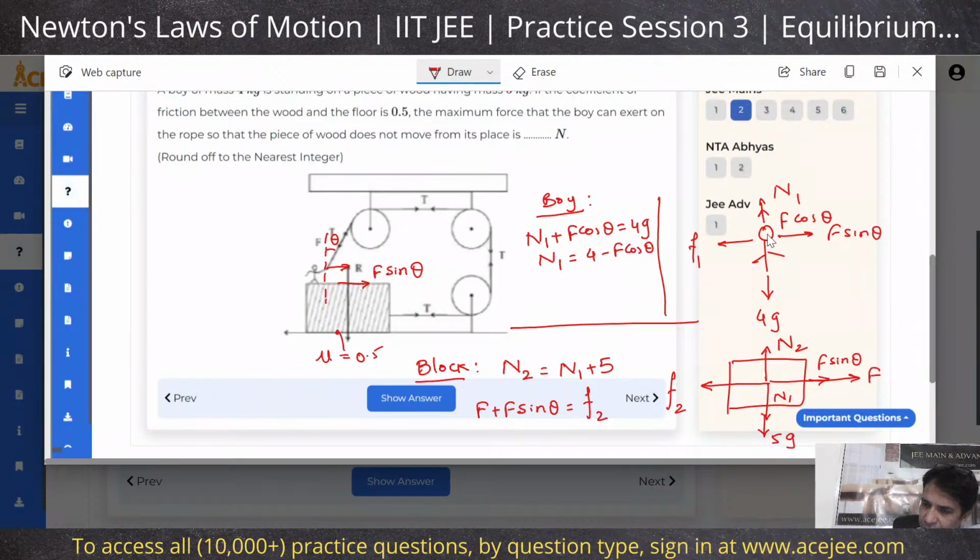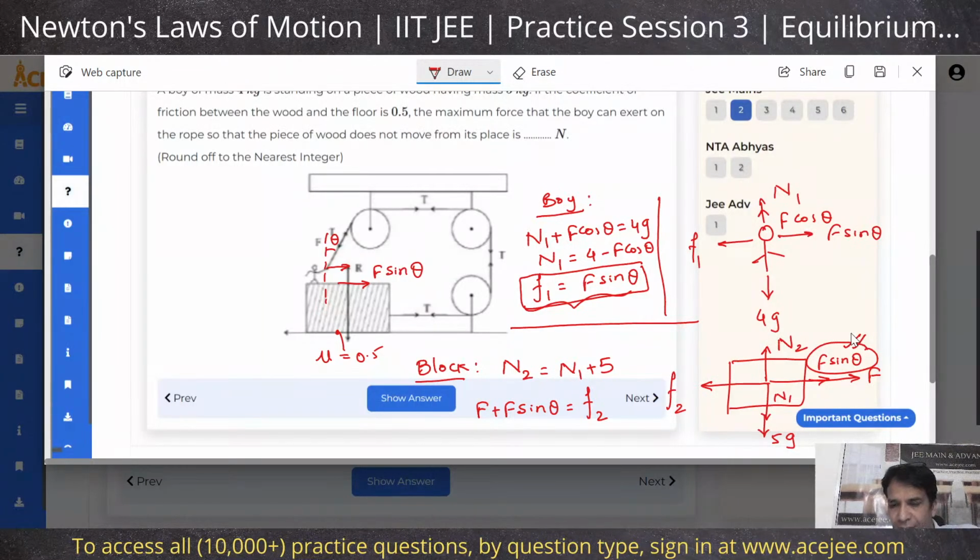Now, as far as the horizontal direction is concerned, we have F1 is equal to F sine theta. And that's why we wrote F sine theta here, because of this. So this equation we have already used up in writing this force on the block as F sine theta.